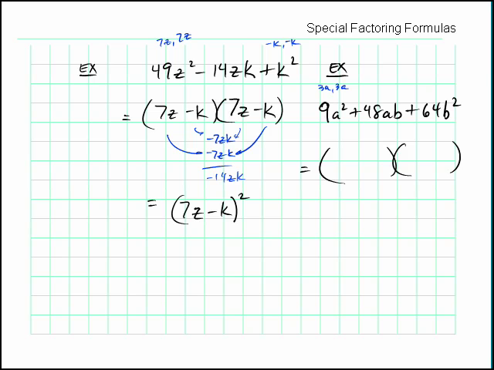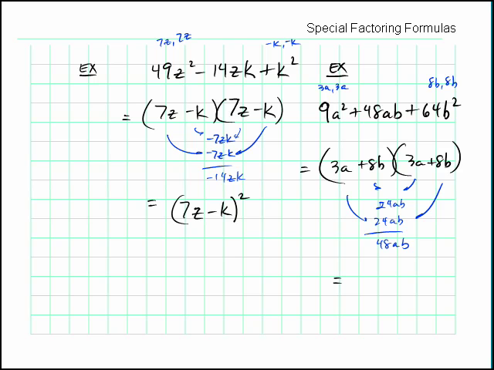And for 64b squared, we're going to try 8b times 8b. So I'll plug those in. Let's check the middle term just to make sure. That times that is 24ab. This is a 24ab, and that does add up to 48ab, correct middle term.